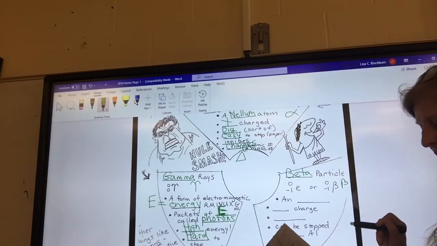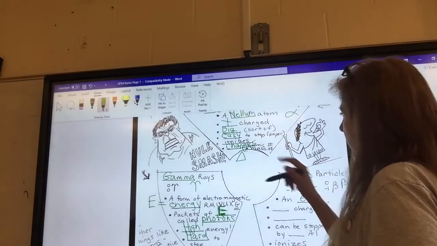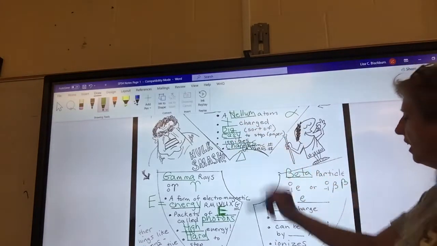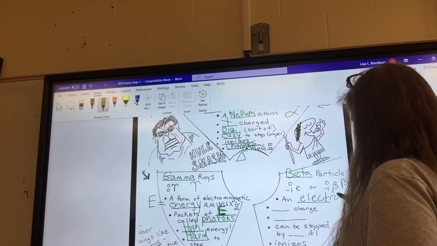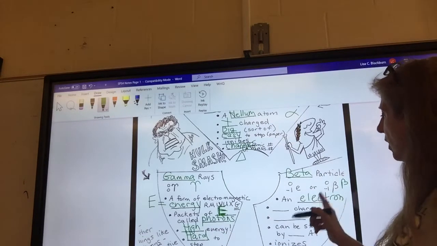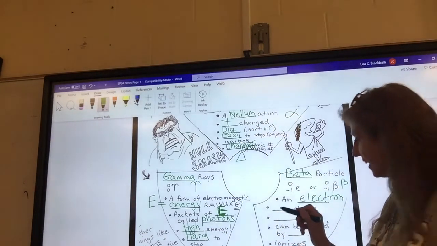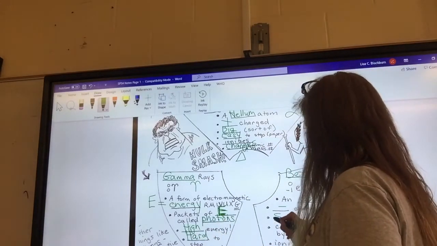Okay. So this is actually an electron, like how that one was helium. This one's light, that's a helium, this one's an electron. What charge will it have? Negative. Negative, yes, y'all are brilliant. Okay, it's very small.